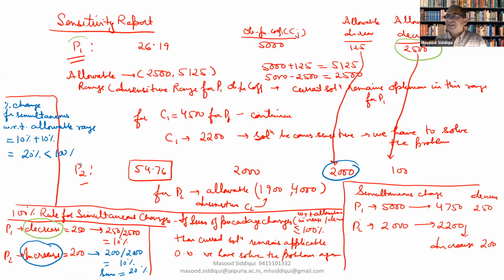So we can say that the current production policy should be followed. In this case, our recommendation is that the current production policy for P1 and P2 should be followed.